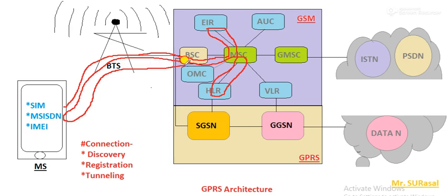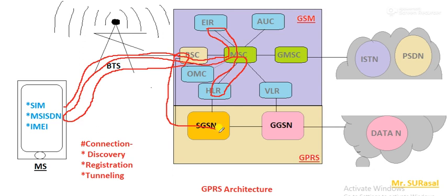Then through the BSC it will go directly to the SGSN. This time it's not necessary that it always has to pass from the BSC to the MSC. Now the flow will be from this device to the BTS to the BSC, and directly to the SGSN, that is the serving GPRS support node.